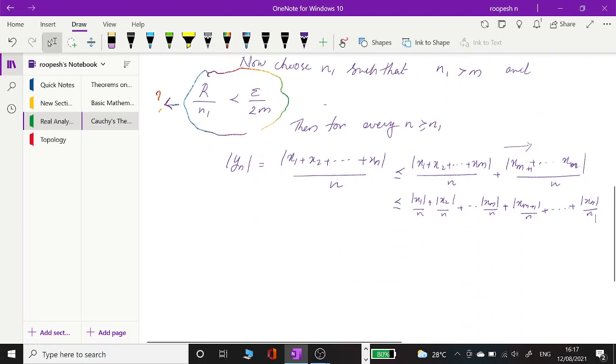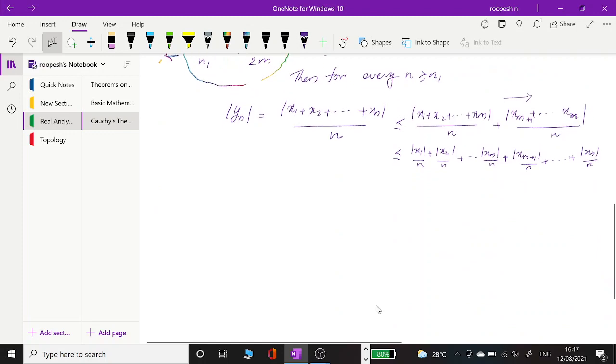I take the first m terms as such: mod x1 by n plus mod x2 by n plus etc. plus mod xm by n, and then plus the xm+1 by n terms.